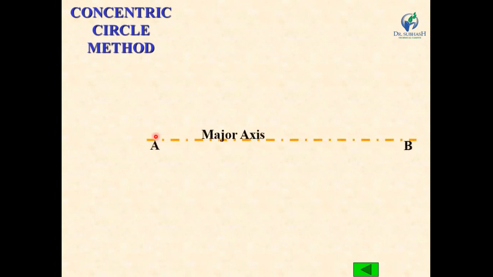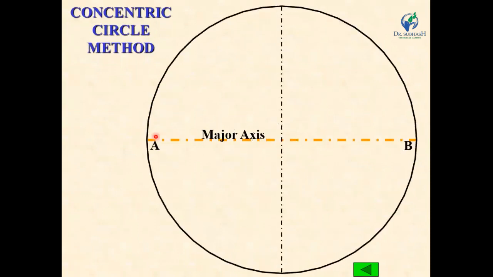So for that, first of all, we have to draw a major axis equal to 100 mm and draw a circle whose diameter is 100 mm, or we can say a circle whose diameter is equal to the major axis.